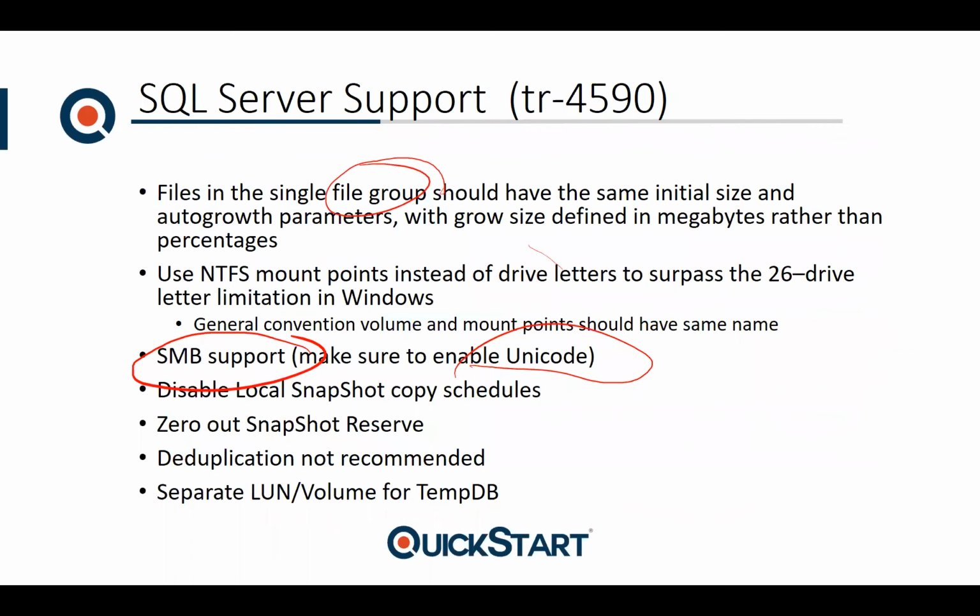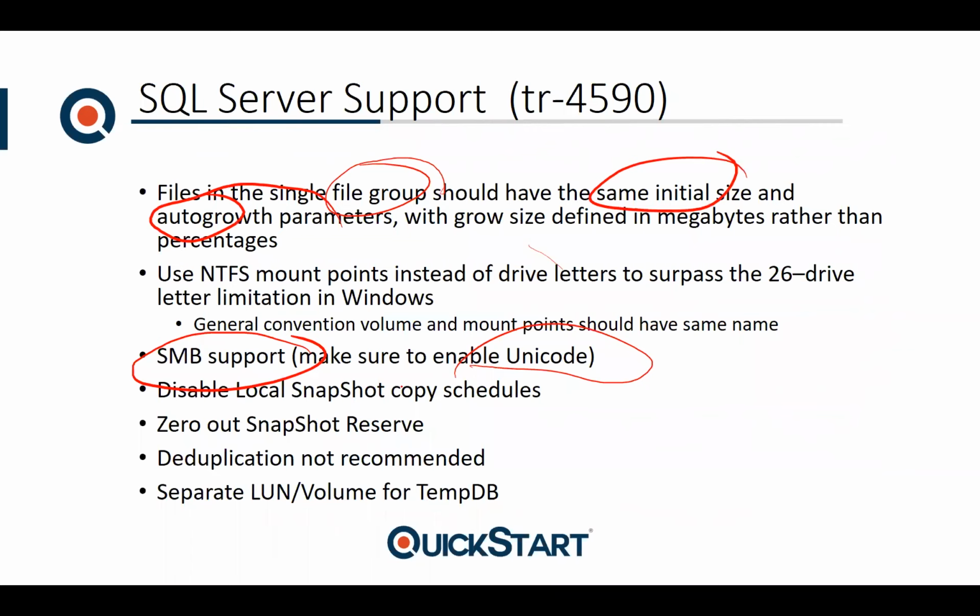If I have multiple files in the single file group, the recommendation is same size and same autogrow parameters, which just works better as far as NetApp is concerned. Increase the sizes, and make sure it's growing in terms of megabytes versus percentages. That's actually not a bad practice across the board with SQL. So NetApp recommends it, but it's not necessarily NetApp specific.